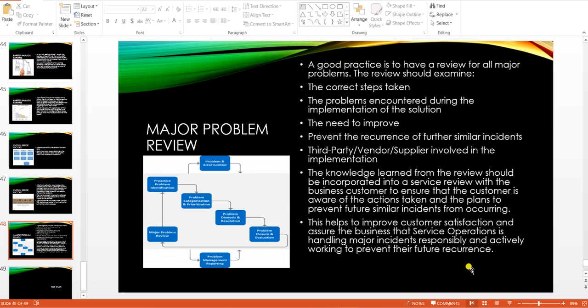So this is a review in terms of reviewing the major problem. It's a process that you need to adhere to. So these are the steps that you need to take. It's a checklist where you just have to check whether you need improvement in terms of the review based on what you've encountered.